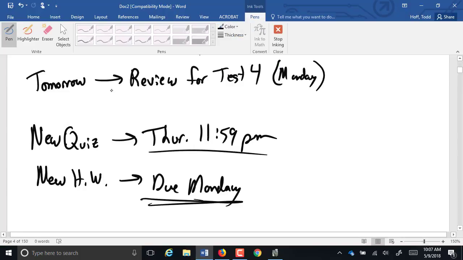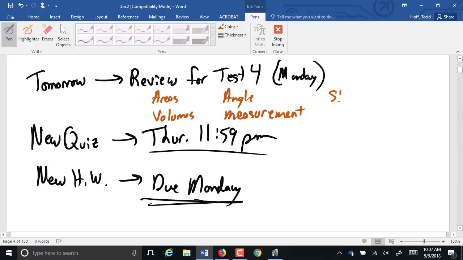I also suggest you start looking over the stuff from the last 4 or 5 weeks, because there is a lot of it. Remember, we had the areas, volumes, angles, measurement and conversions, feet to inches, centimeters to meters, all that stuff, gallons to liters.